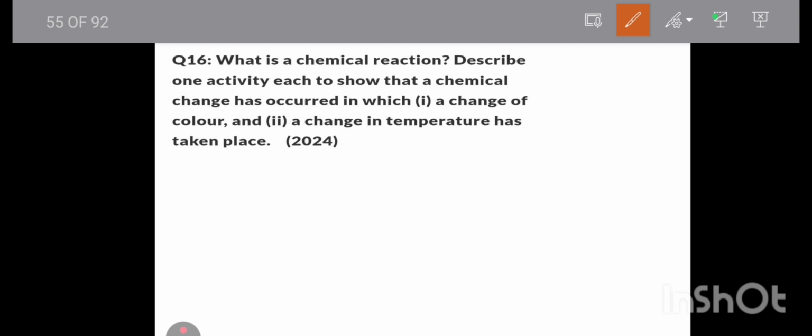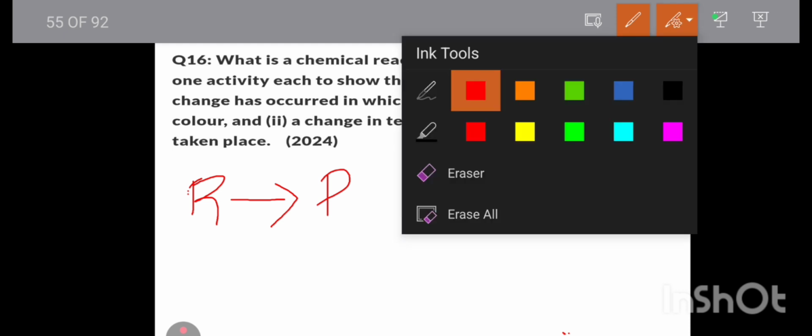A chemical reaction is a process in which two or more reactants combine together and we get a new substance called the product. The conversion of reactants into products under suitable conditions is known as a chemical reaction. Hope this question is clear to you. Let's move to the next question.